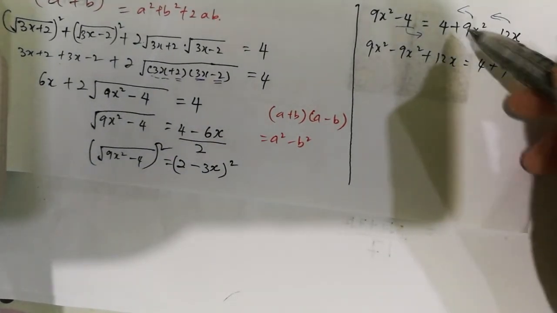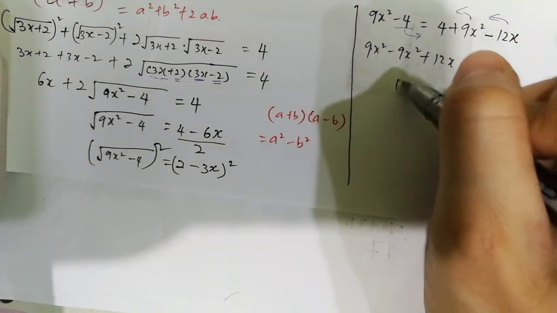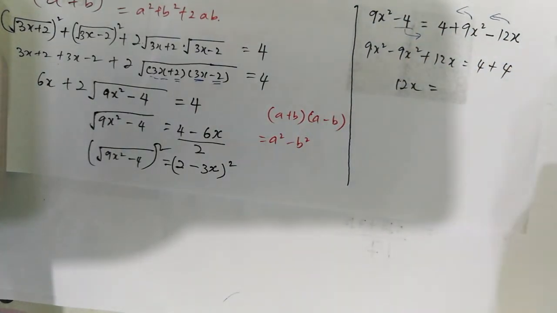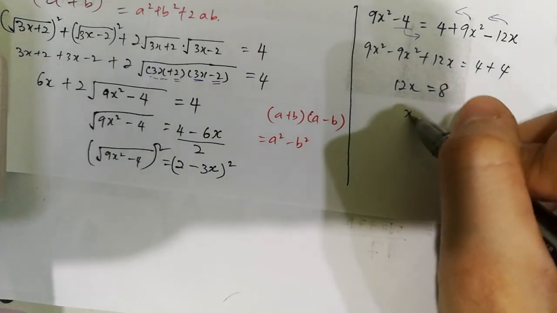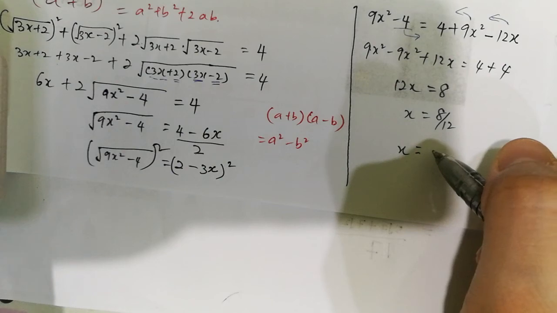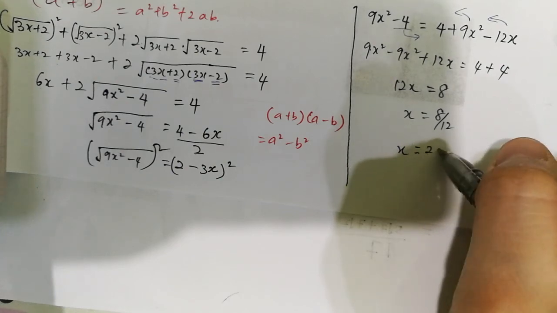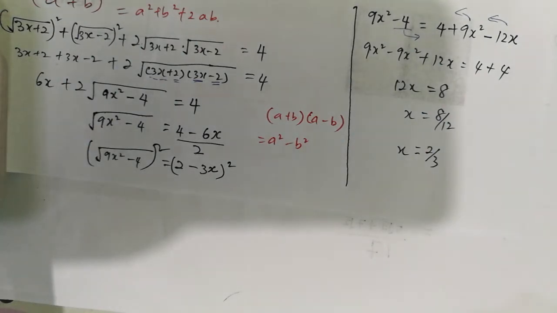This one minus this no more, so 12x equals to 8. 8 over 12, divide by 4. So final answer.